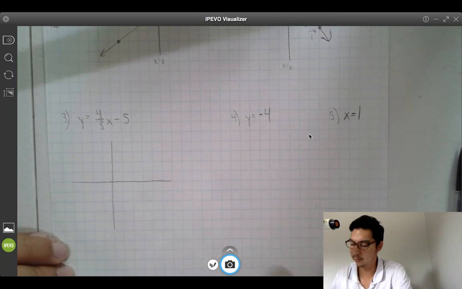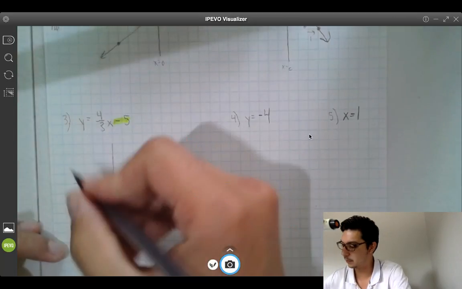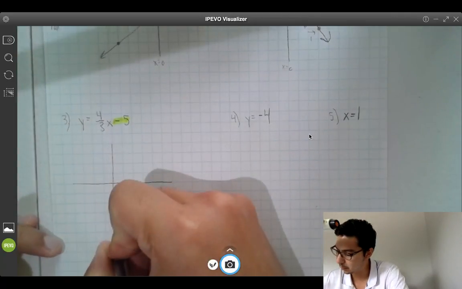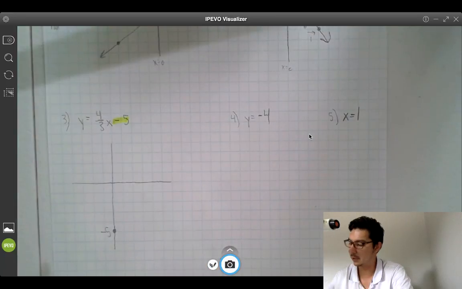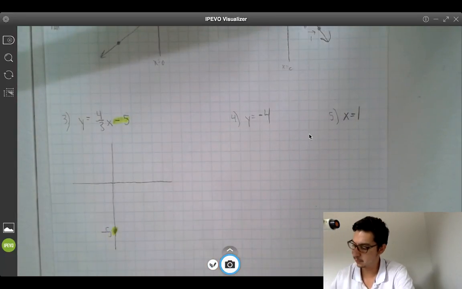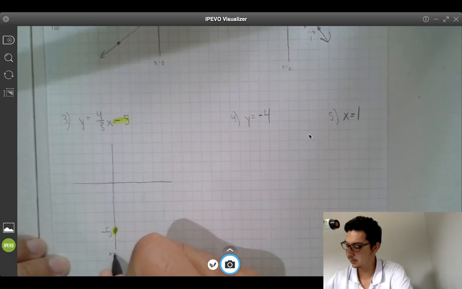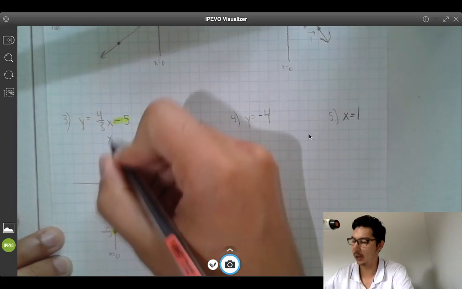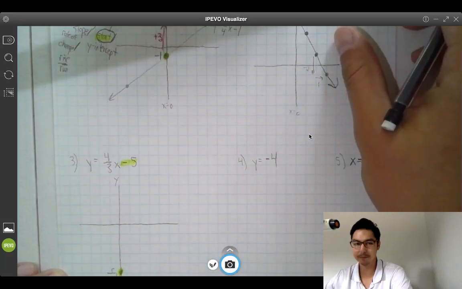In this problem, your starting value is -5, which means we're going to go down 5. 1, 2, 3, 4, 5. And there's -5. That's always your first point, because that's when x equals 0. Or again, that's your y-intercept. Where does it cross the y-axis?